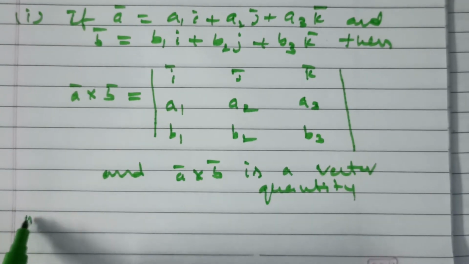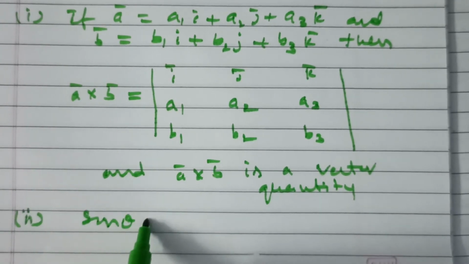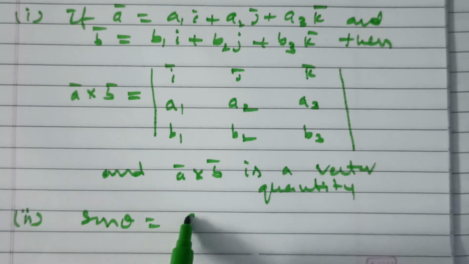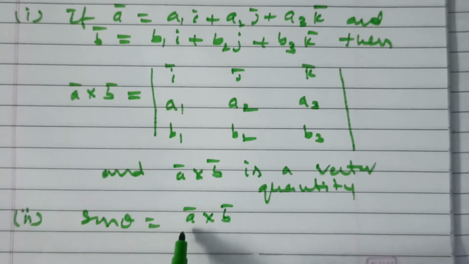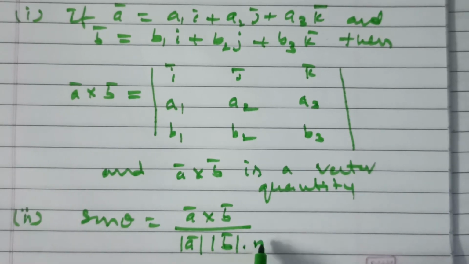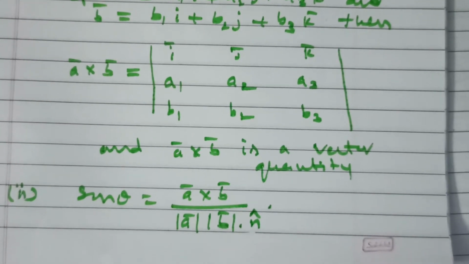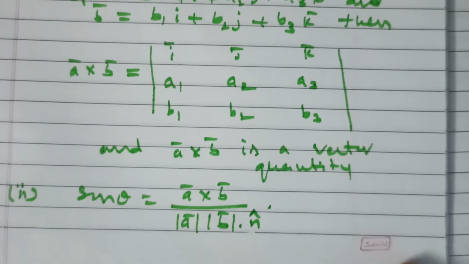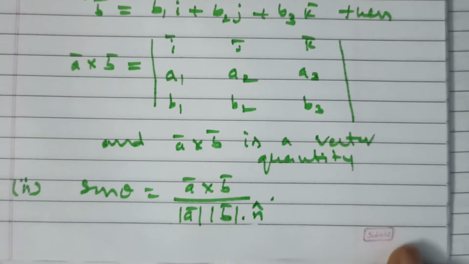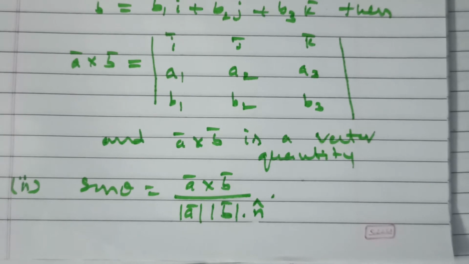So second property, sin theta is equal to A bar cross B bar divided by mod A bar into mod B bar into n cap. This is the transformation of sin theta, that is in terms of A bar cross B bar.